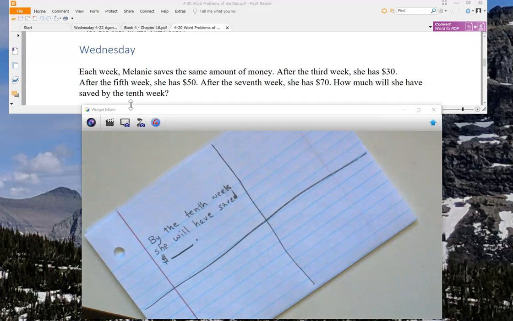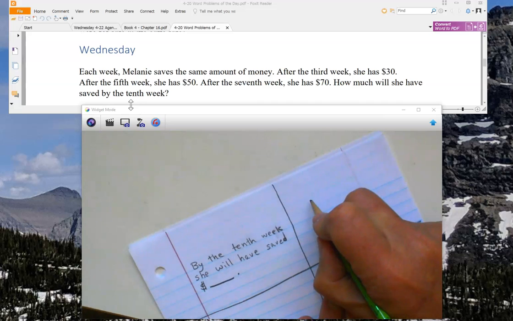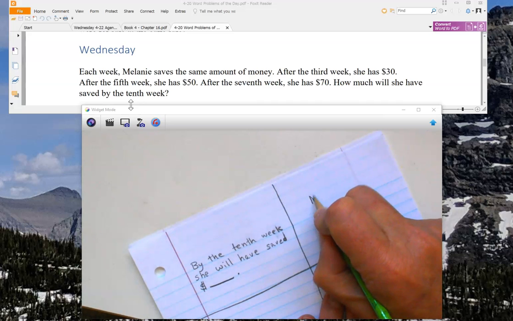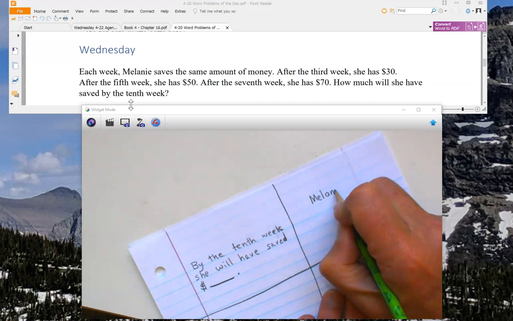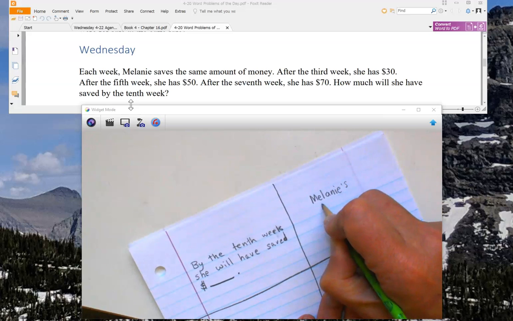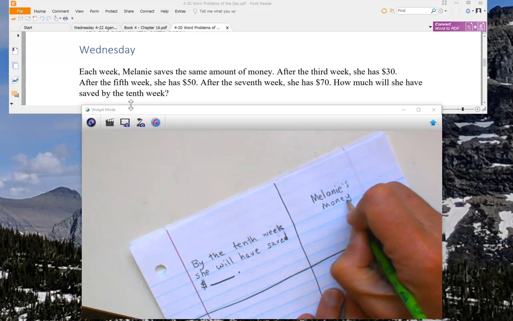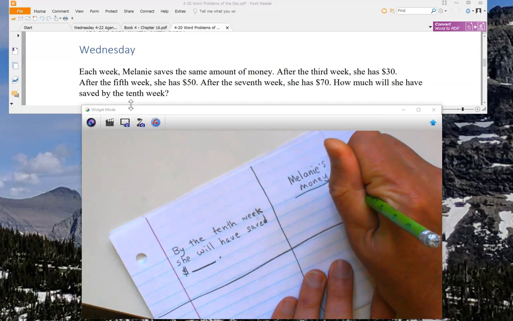What I want to do now is take a look and see what I'm going to do. I was reading this out loud all the way through, and I realized that this is kind of a pattern. So I'm going to be using a table to help me solve this. I'll call it Melanie's money, and I'll make a table.